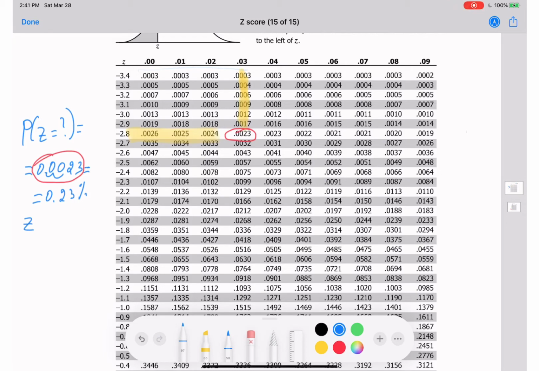Negative 2.8 and 3, because here is my negative 2.8, here is my 0.03. So I get negative 2.83. So I can say that the z-score of negative 2.83 corresponds to 0.23%.